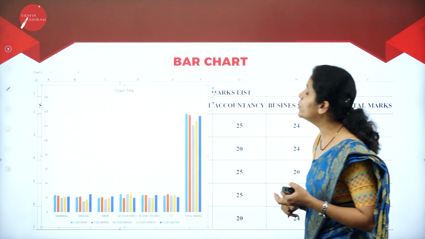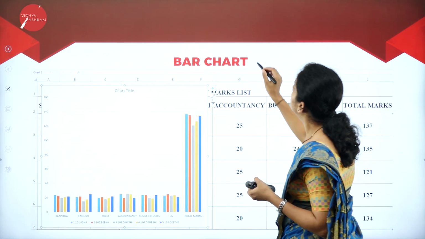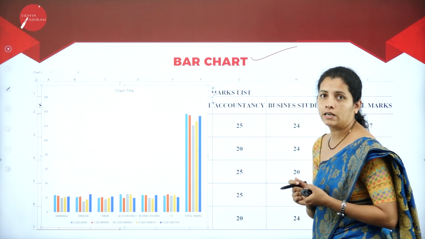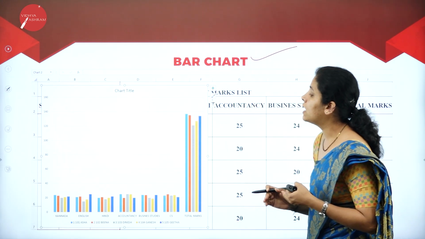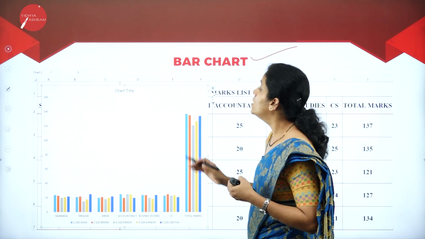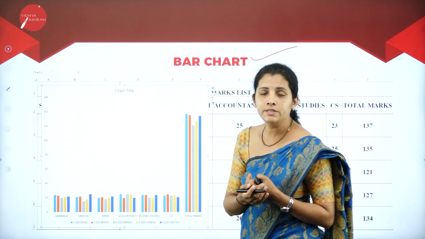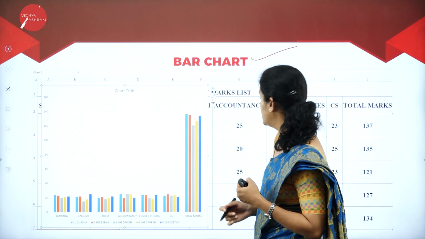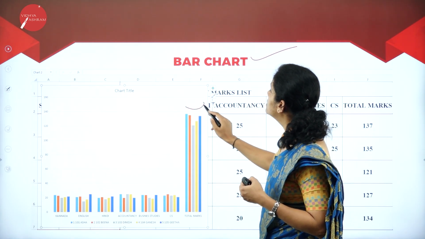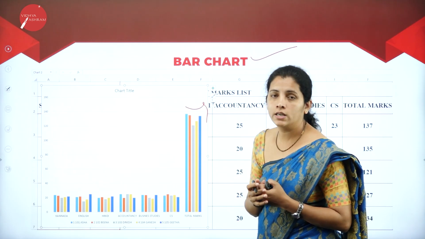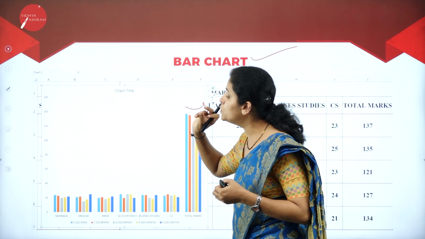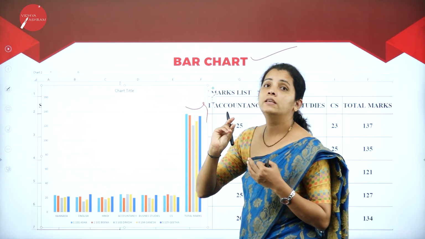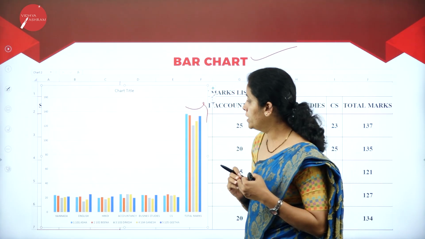Moving further, I'm going to have the example of a bar chart. Now this is the example for the bar chart, and here how many subjects do I have? That is once again 6 subjects, and this is the total marks. Here each bar is used to represent an individual student.